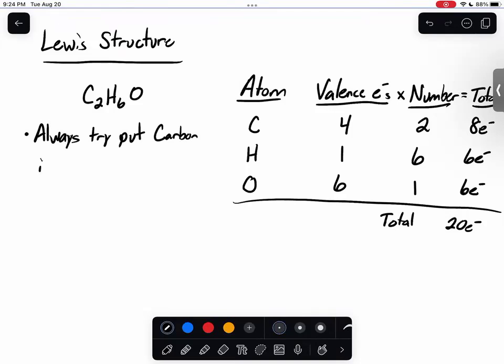Now, this won't always be perfect, but it's a good place to start. And then from there, what I always recommend is fulfill all of the bonds that you can and then move out, right? So fulfill bonds and branch out. So using this advice, let's take a look at how we'd actually draw this thing.